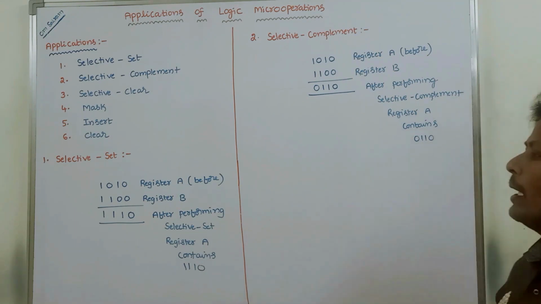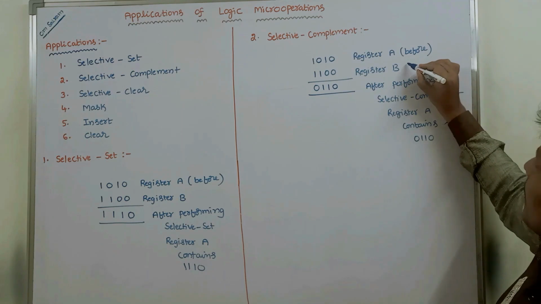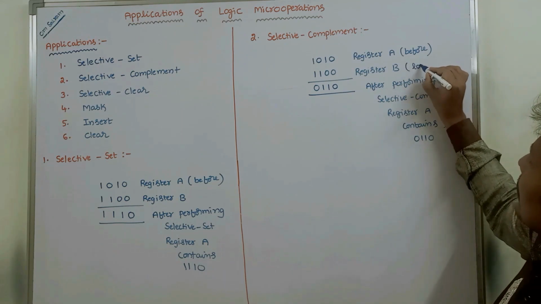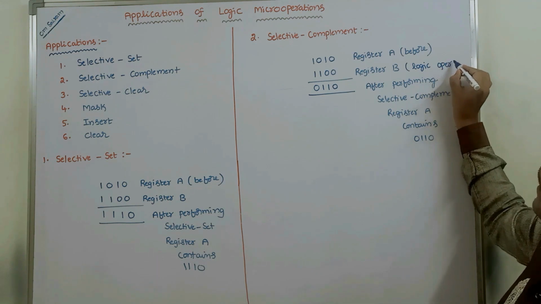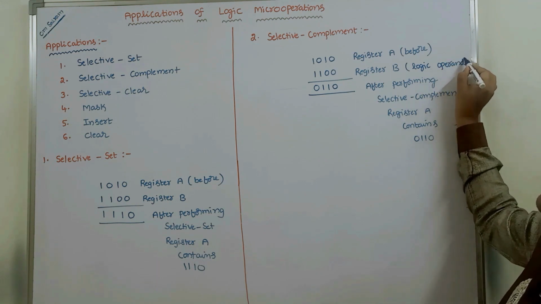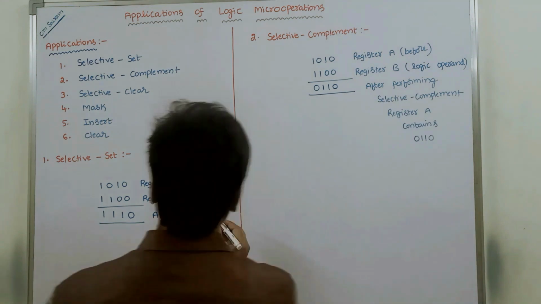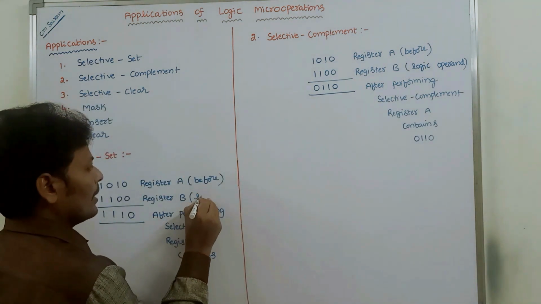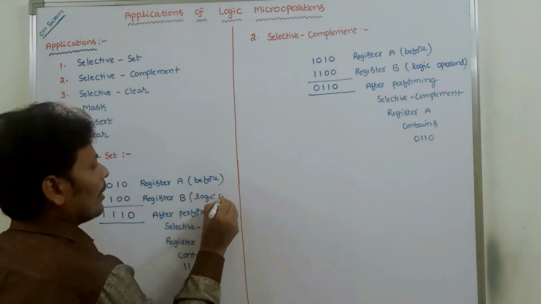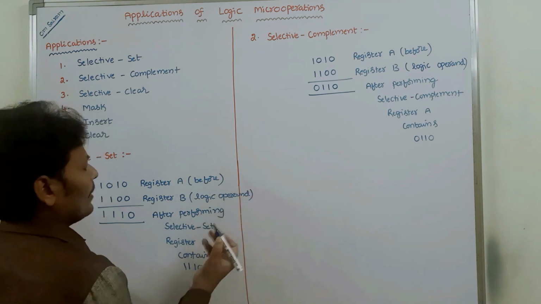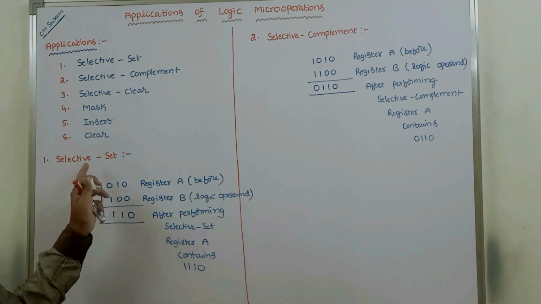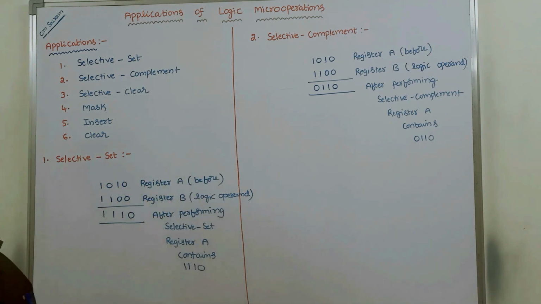Here register B can be called the logic operand. Here also register B is the logic operand. I hope you are understanding selective set and selective complement.